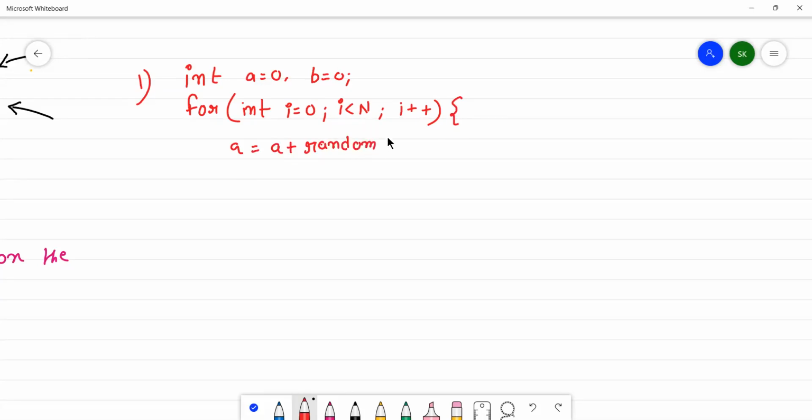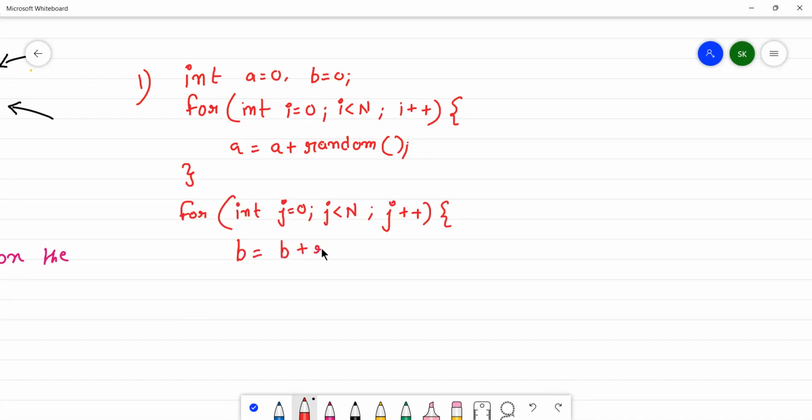I hope you all know what is a random function and what is its functionality. If not, then it generates random values. That's it. Everyone take the screenshot for this.